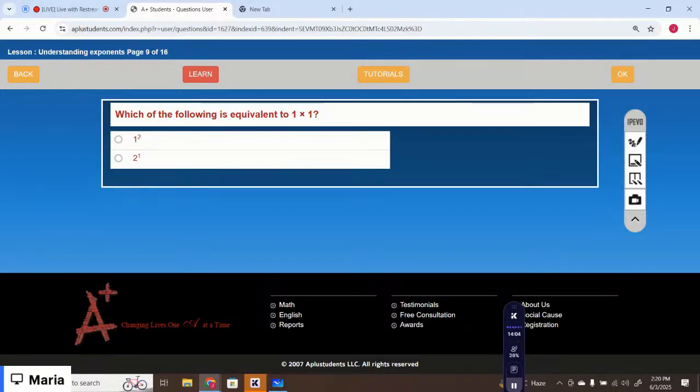Which of the following is equivalent to 1 times 1? Very good. That is option number 1. 1 square is the correct option.